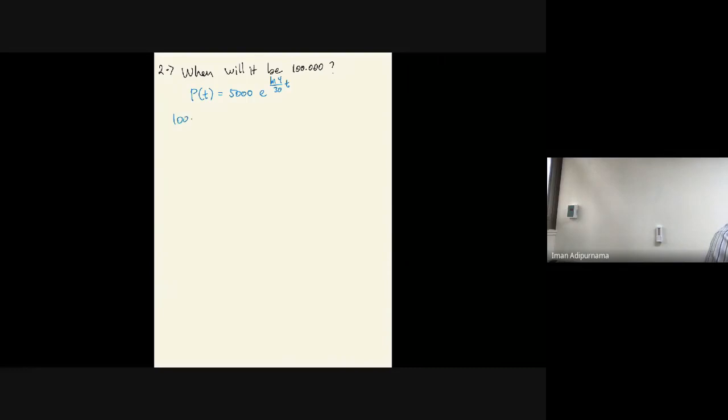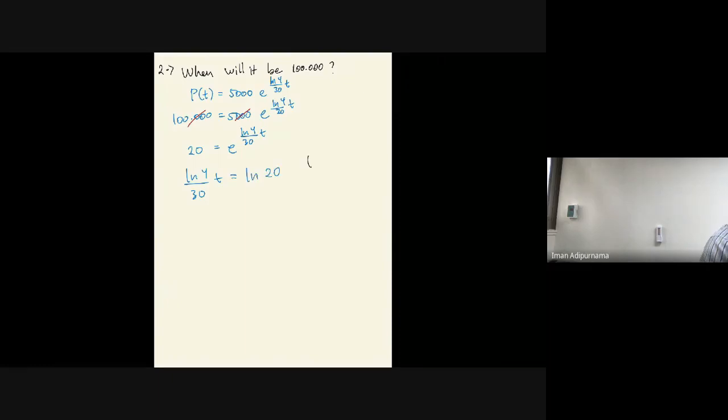This will be 100,000 equals 5,000 e^((ln 4 / 30)t), and we are looking for t now. We find 20 is equal to this e, so (ln 4 / 30)t is ln 20.